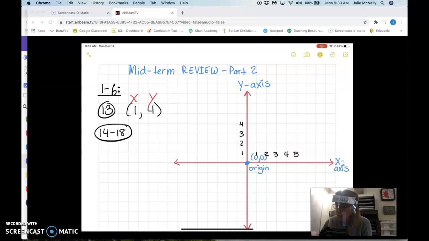To the left, negative. Notice how I use one line for each number. Keep your graphs as straight as possible. So if you have graph paper, one line for each number. And then going down, negative again.